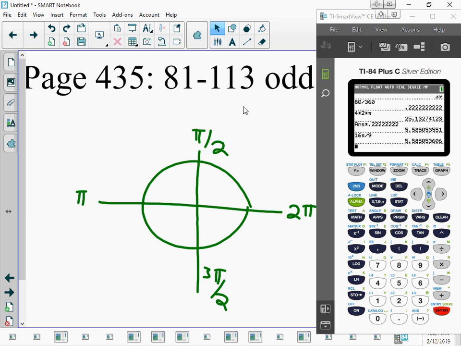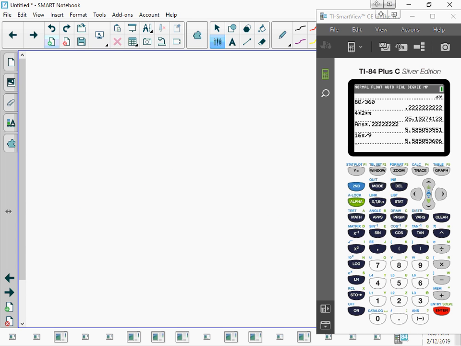Linear speed. Number 96 says find the linear speed of a point that moves with a constant speed in a circular motion if the point travels along the arc S in time t.